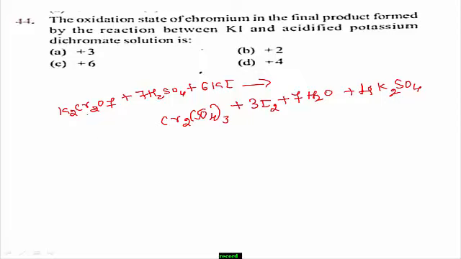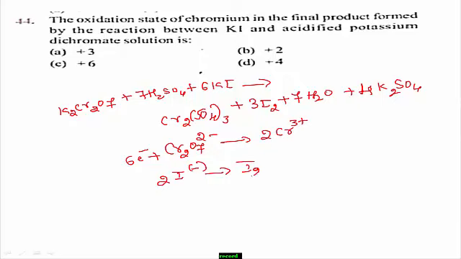Students, the reaction between KI and acidified dichromate solution is shown as a half cell reaction. If you want to write the half cell reaction, write like this: 6 electrons when reacted with the Cr2O7 2 minus dichromate ion gives 2 Cr3 plus, and simultaneously 2I minus changes to I2 plus 2 electrons.